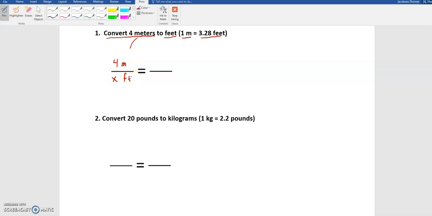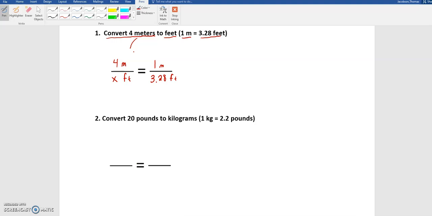Now we do have the conversion factor, and we know that 1 meter is the same as 3.28 feet. Now it's really important that I have meters in the numerator on the left and meters in the numerator on the right. You have to have that. You can't just put meters in the numerator and on the other side put feet in the numerator. You have to make sure it is consistent. Meters and meters in the numerator, feet and feet in the denominator.